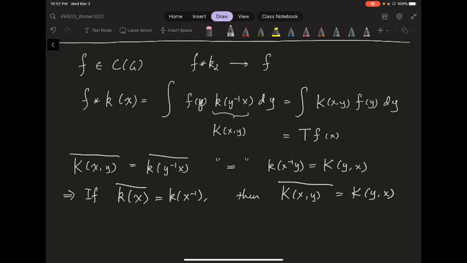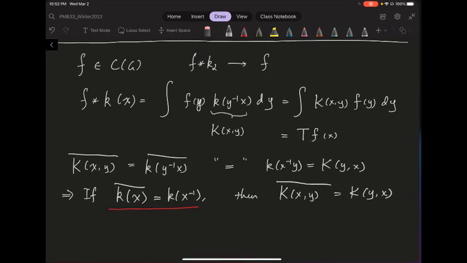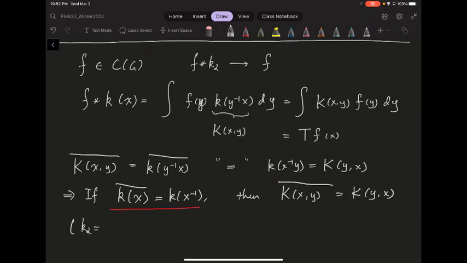Because they're symmetric, you can easily verify that this equality is going to be satisfied. So if your K alpha equals 1 over the measure of V alpha times the characteristic function of V alpha, as long as your V alpha is symmetric, then this condition is easily satisfied. That's not something too difficult.